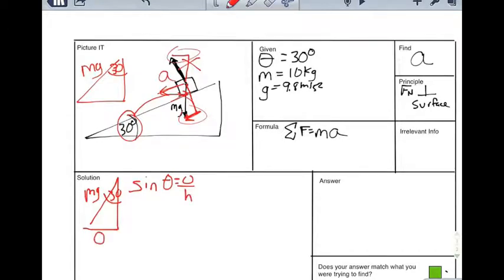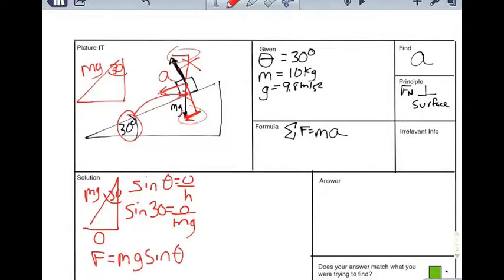Well, this right here is the opposite side, so you can say sine of 30 is equal to the opposite side, which is what I'm trying to solve for, divided by the mass times the gravity. Or in other words, the leftover force is equal to mass times gravity times the sine of the angle.